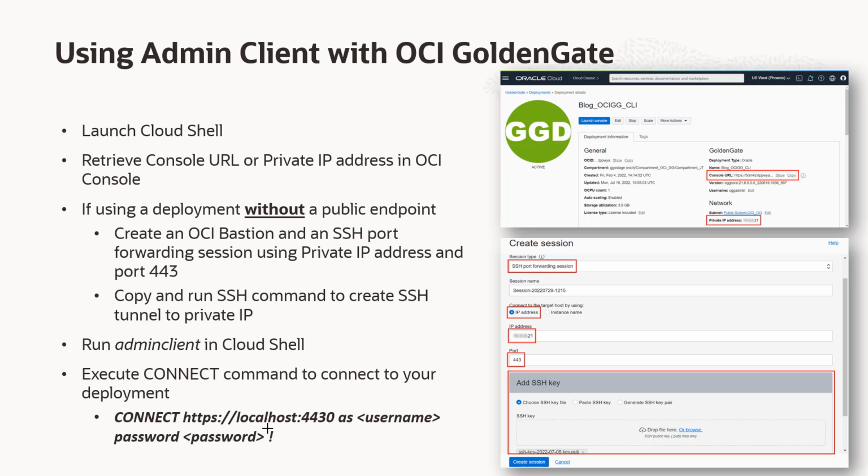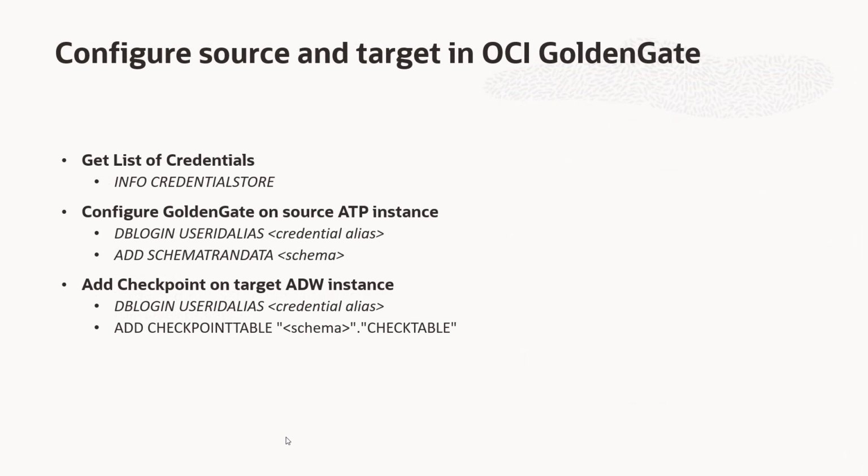And so this is what we've gone through right now. We've used the SSH channel, we've run admin client, and this is the connect command that you can use to connect to your deployment using your username and your password. So next, we're going to first list the credentials.